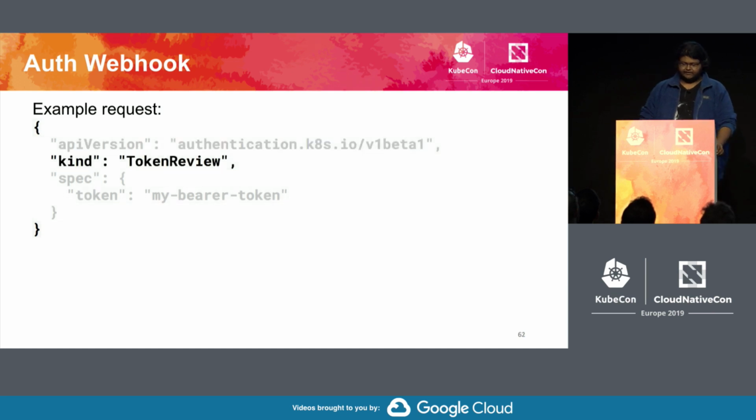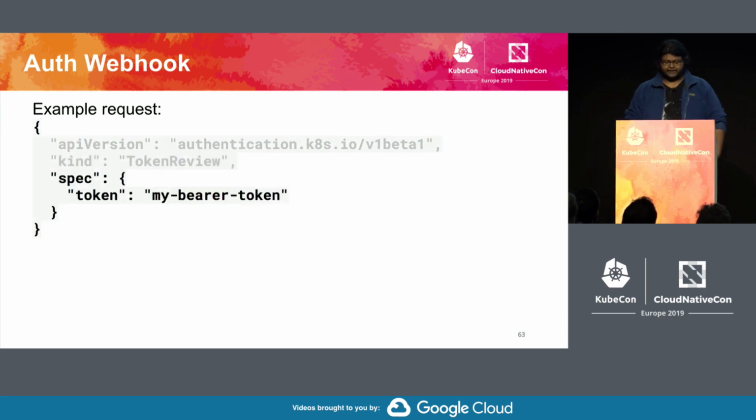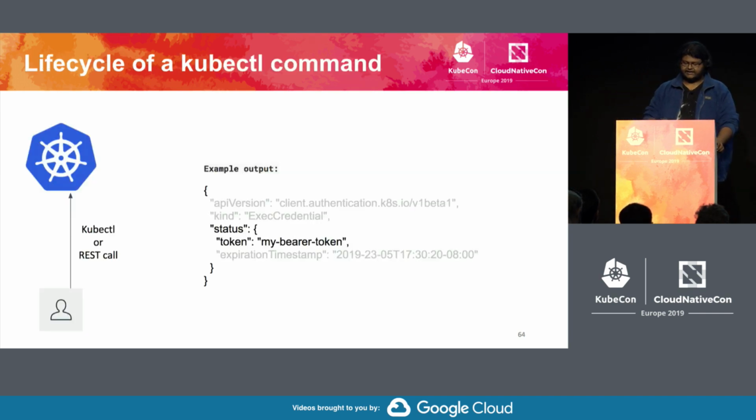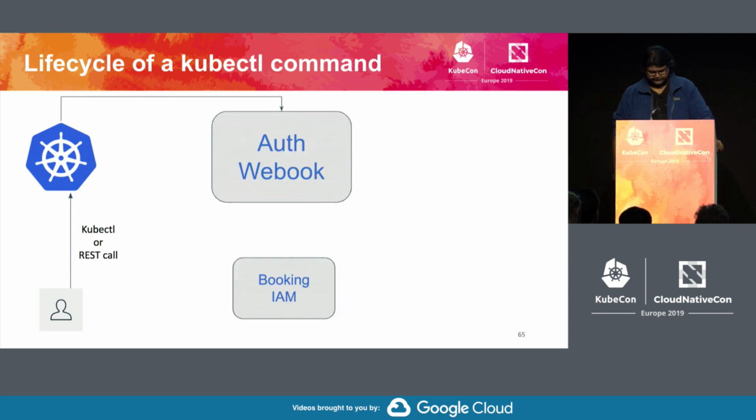It contains the API version, and the kind provided in the JSON payload is TokenReview. And then in the spec field, it injects the token that came from the exec credential plugin when the kubectl command was run. As you can see, the token field has my bearer token, which was created by the exec credential plugin.